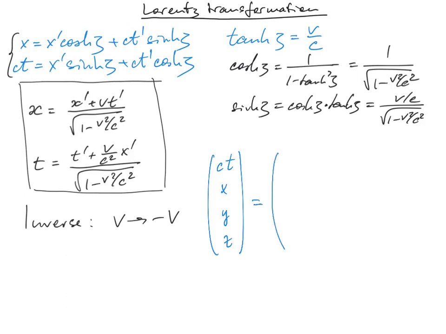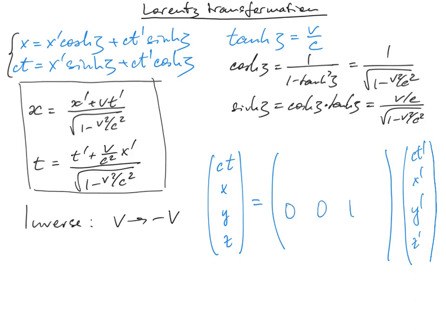So there's going to be a 4 by 4 matrix here, and there's a column vector ct prime, x prime, y prime, z prime. So here y and z mind their own business, so nothing happens to them, so they also don't get admixed to either t or x.